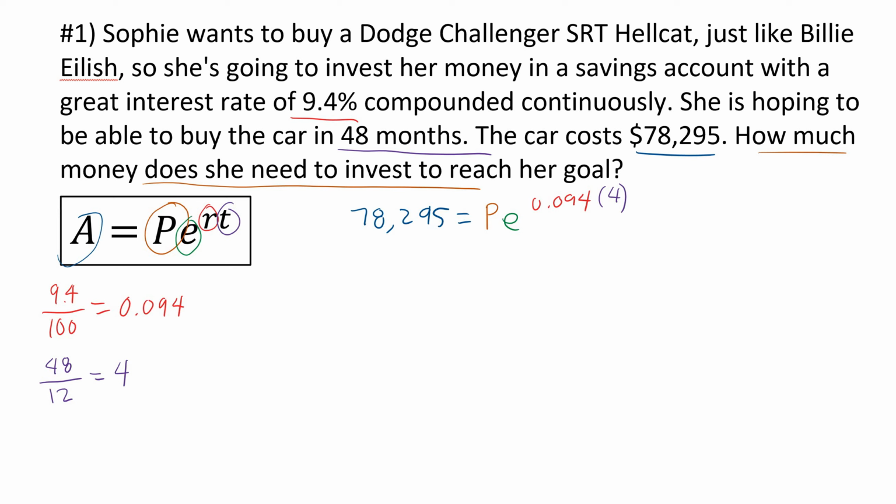I'm solving for P, so I want to get P by itself. So I'm going to divide both sides by e raised to the 0.094 times 4. On my right side, these numbers cancel out, and I'm left with P. On the left side, I'm going to plug this number into my calculator. 78,295 divided by e raised to the 0.094 times 4.